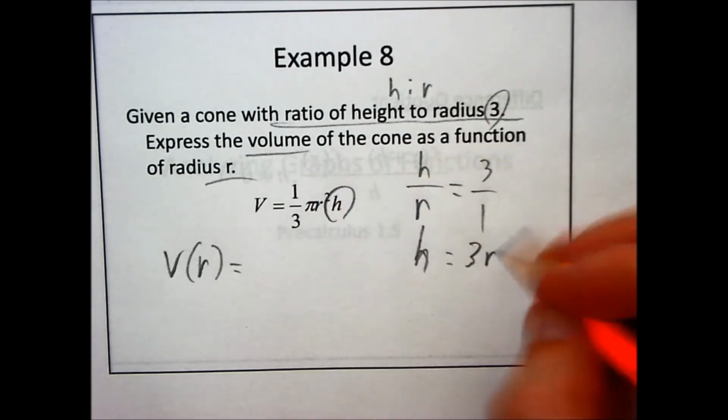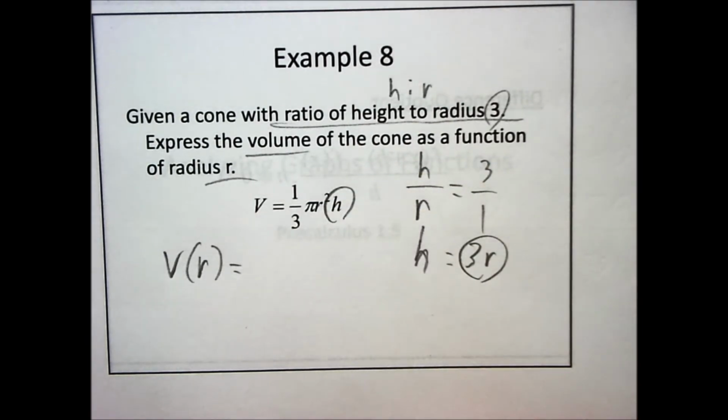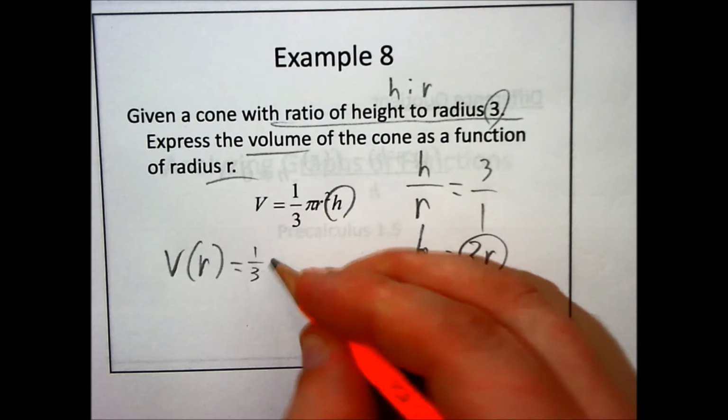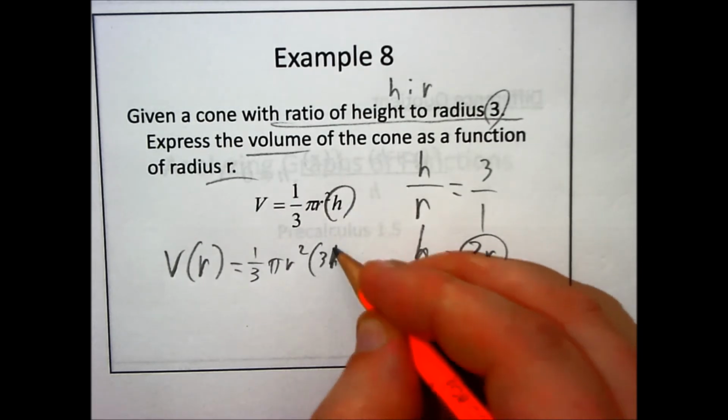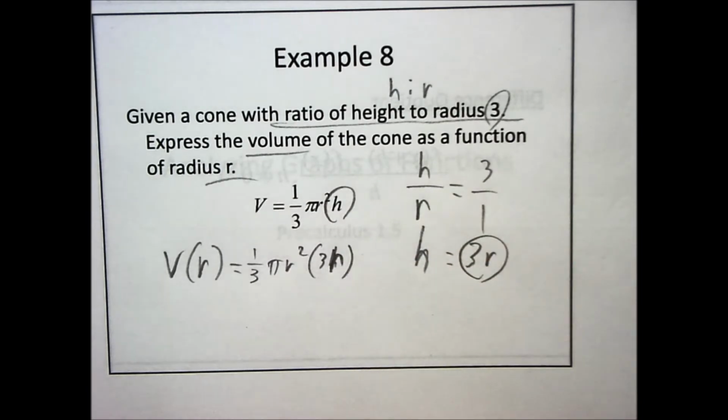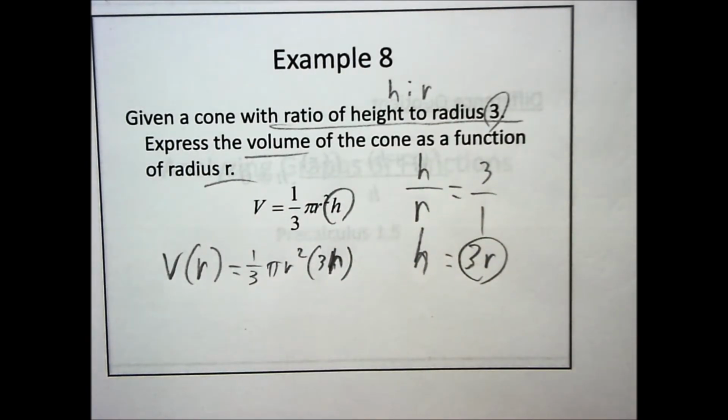So I'm going to replace the h with 3r. So I get 1/3 pi r squared times 3r, not h. Can I simplify that? Yeah. How? Math. Does anything cancel?